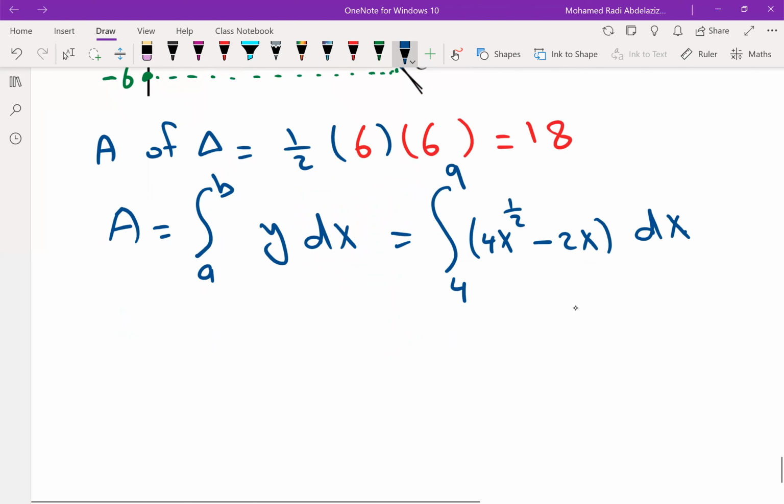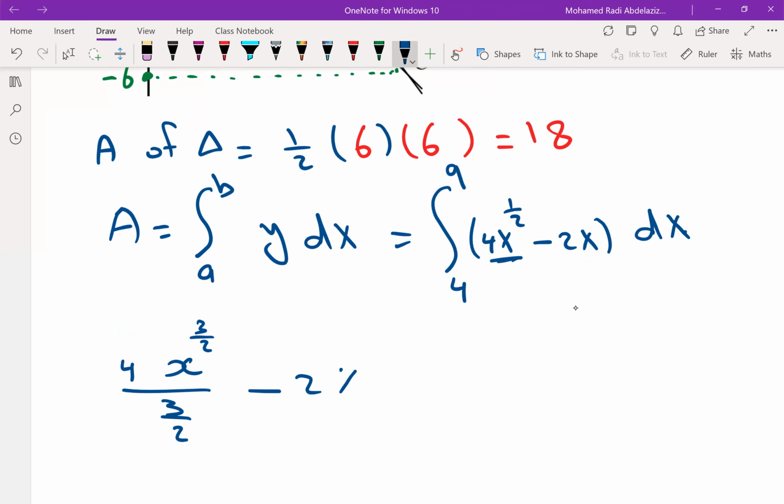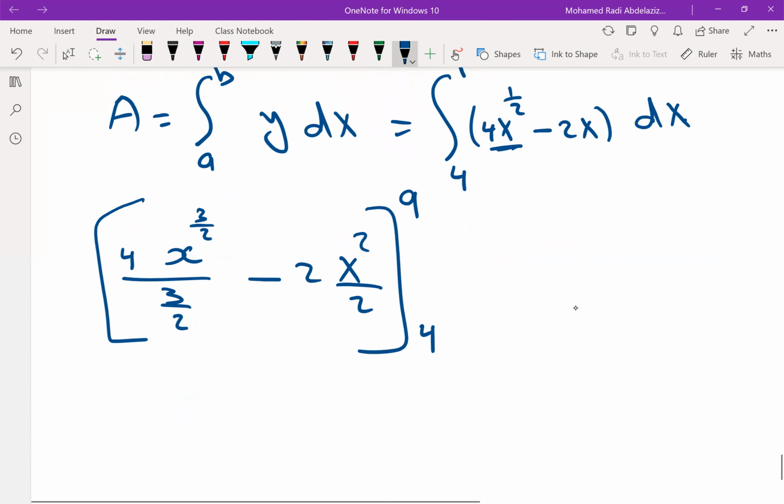Start to integrate by adding 1 to the power: 4 times x to the power of 3 over 2, divided by the new power, which is 3 over 2, minus 2, add 1 divided by the new power, from 4 to 9. You have to show the working out.